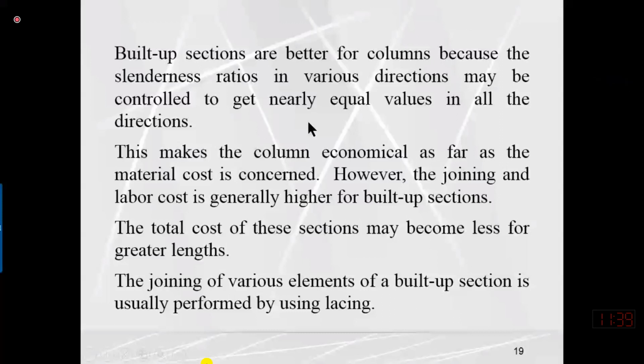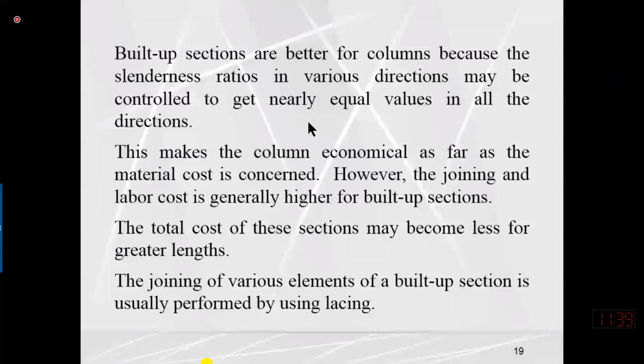So there are 2 reasons for the built-up section. Again, I will repeat. One reason is that if a heavy section is not available in the market, then we join 2 lighter sections to make the area equivalent to the heavy section. Number 2, to increase the moment of inertia or radius of gyration about the weak axis.